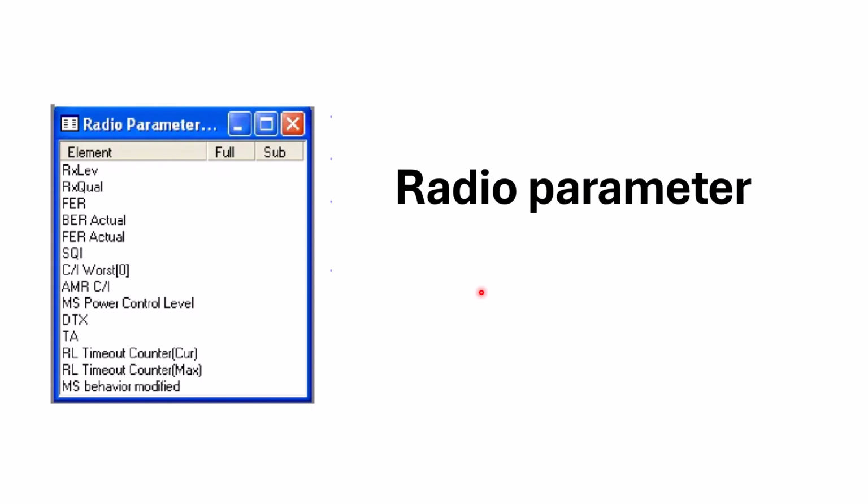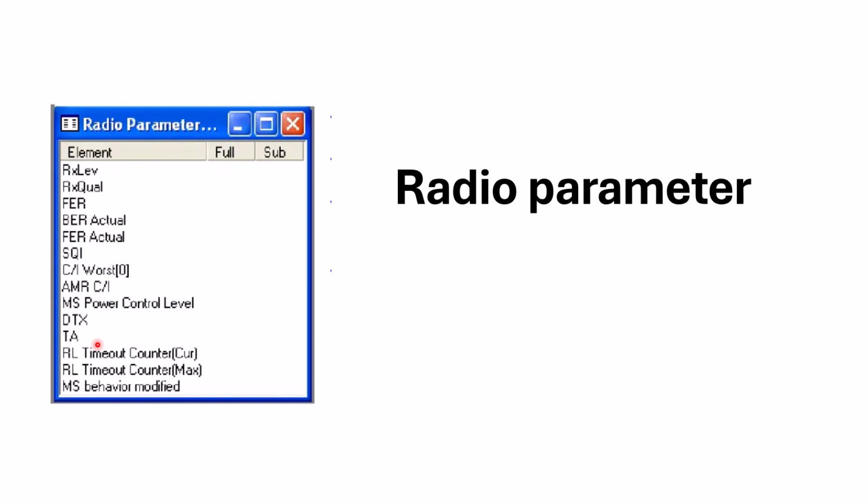The current transmission power level of the mobile station, automatically adjusted based on distance and signal conditions to optimize battery life and minimize interference. DTX means discontinuous transmission, a power-saving feature that stops transmission during speech pauses, reducing interference and battery consumption.